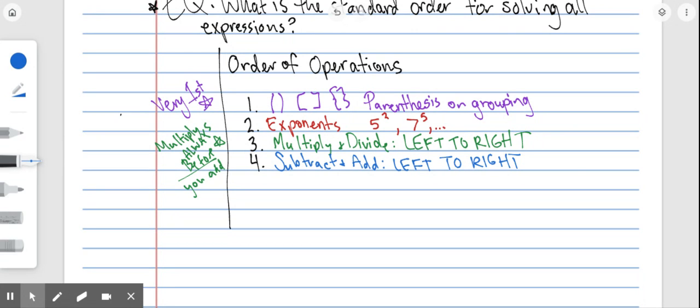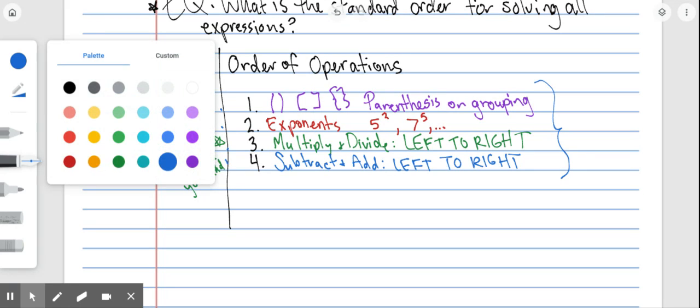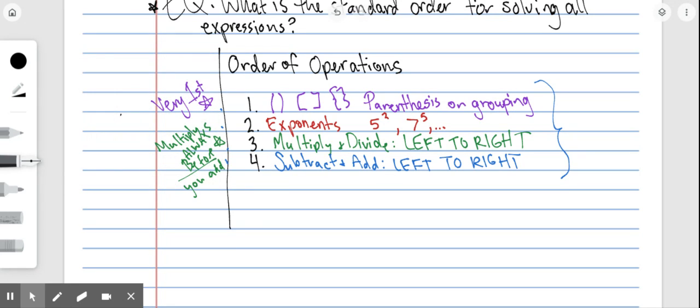This is the most important thing in this section, knowing to go through this like a checklist. You start with parentheses, the very first. If you don't see any parentheses, check if there are any exponents. If you don't see any exponents, multiply or divide from left to right. It doesn't matter which one, as long as you do the one that comes first. And then add or subtract, again, left to right. Super important that you're doing all of those steps in order.